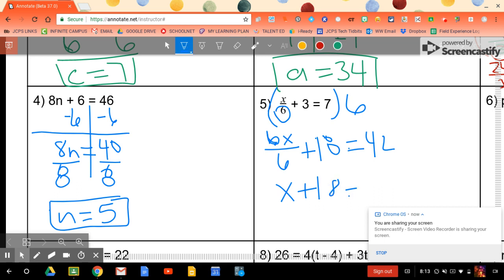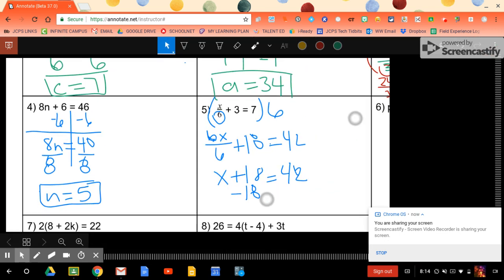18 equals 42. Last step, you're going to subtract 18 from both sides.